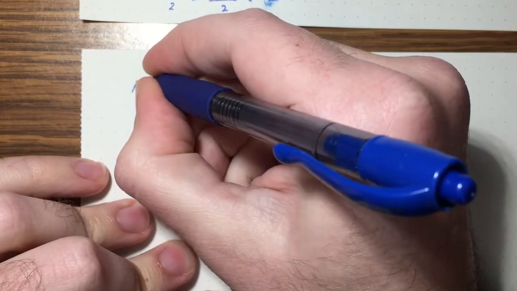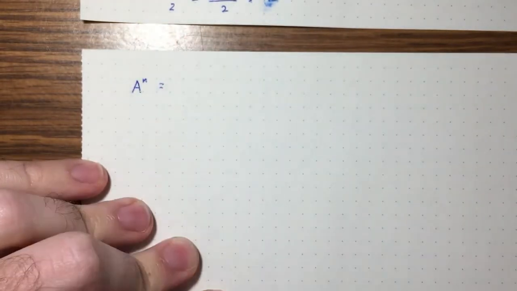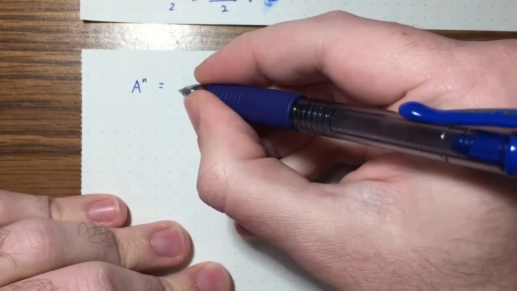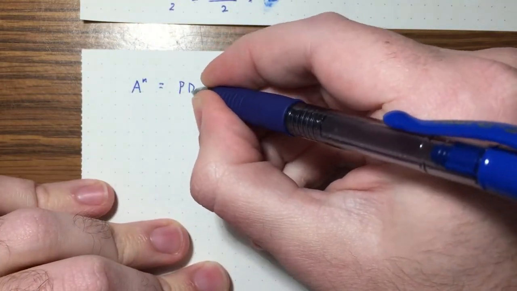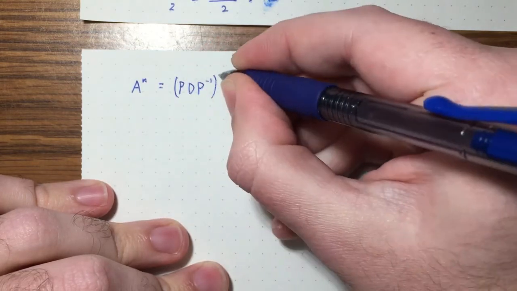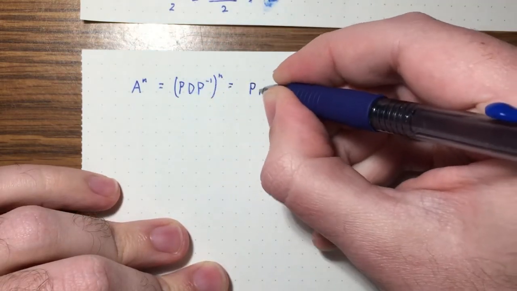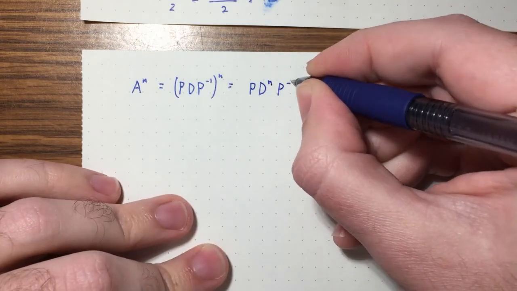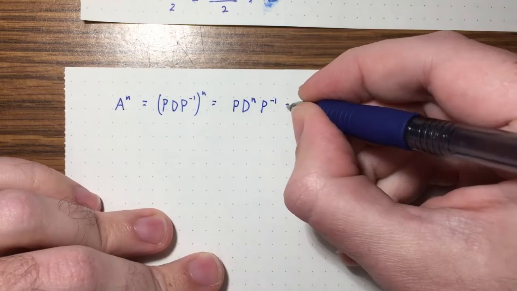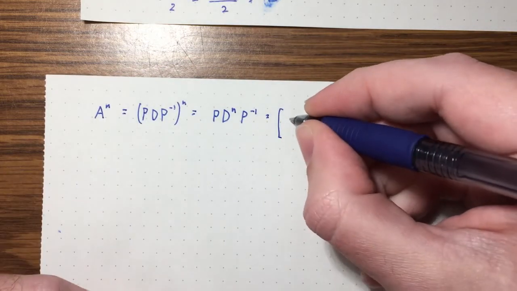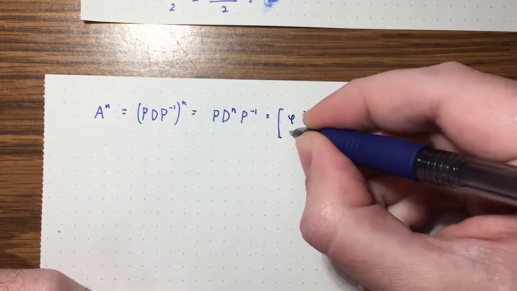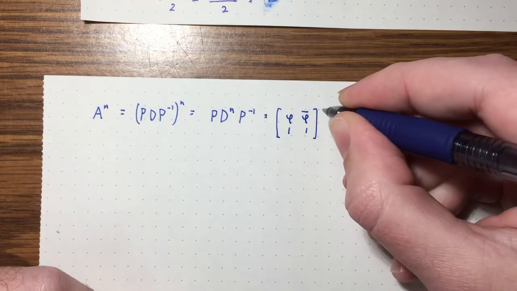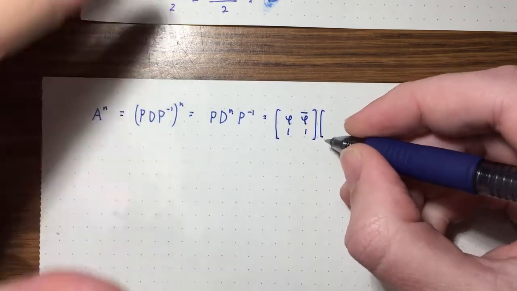What is A to the n going to be? Again, we're after the top right entry in this A to the n. Well, it's just going to be PDP inverse to the n. But by the logic we used earlier, that is P times just this D to the n times P inverse. So what's that going to look like? It's going to look like phi bar 1, 1 times D to the n. Here's what D to the n is going to look like.